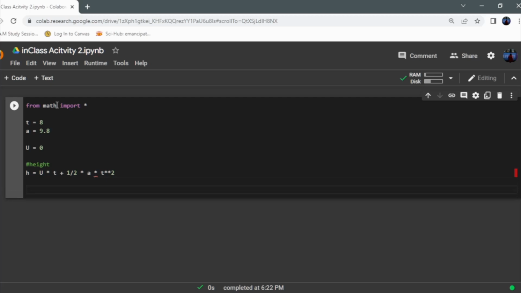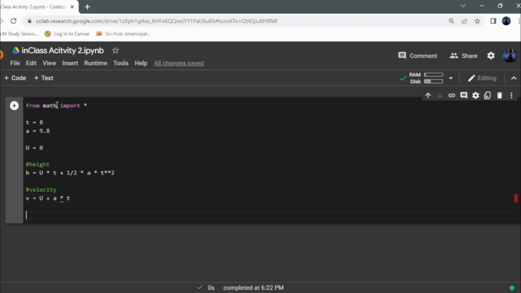And then if we get that, we now can calculate the velocity, which is v, equal to u, the initial velocity, plus a, which is the gravity, times the time. There we go.